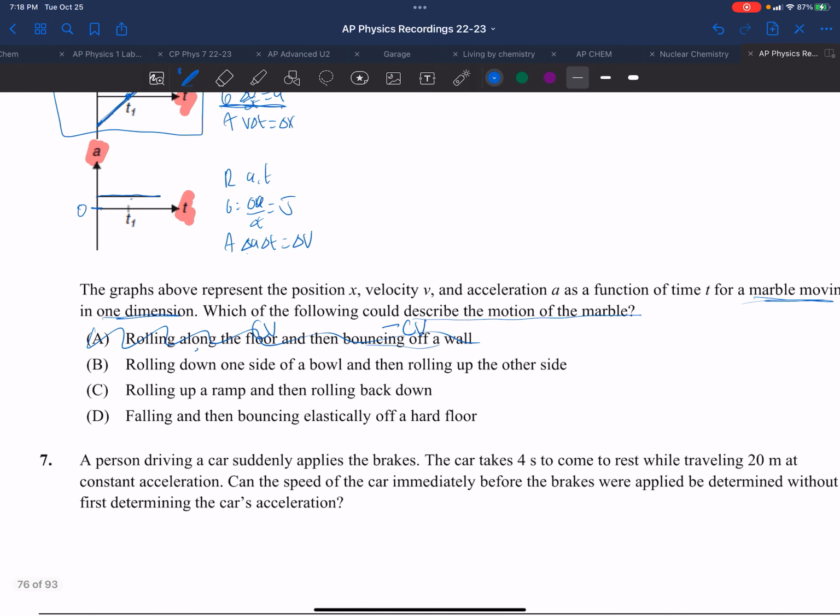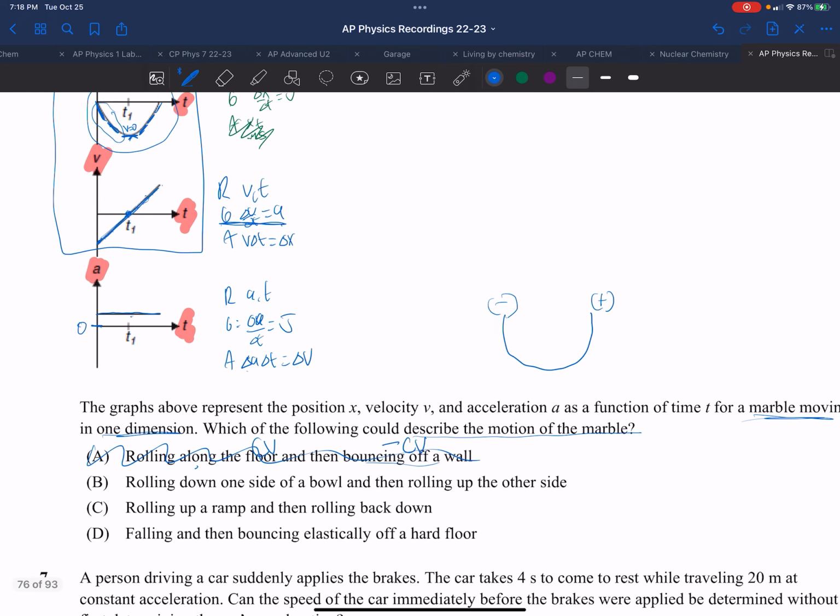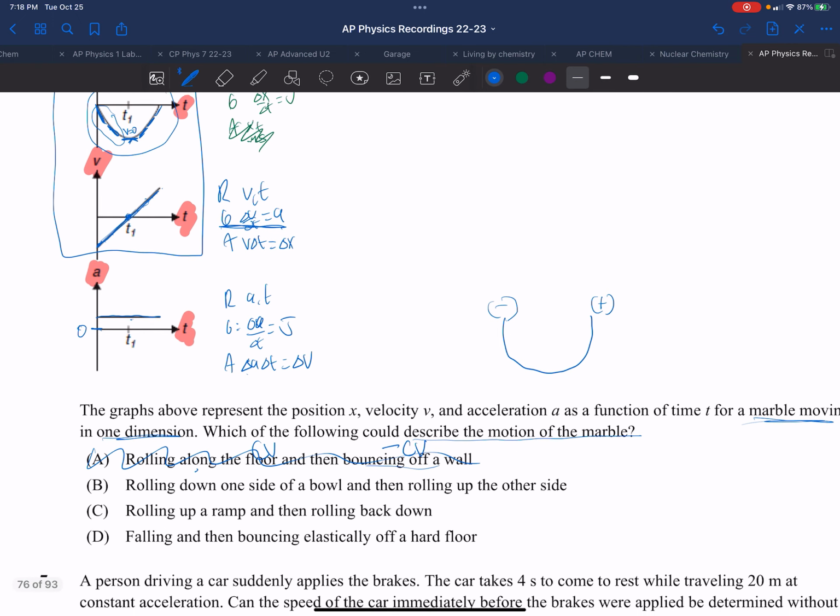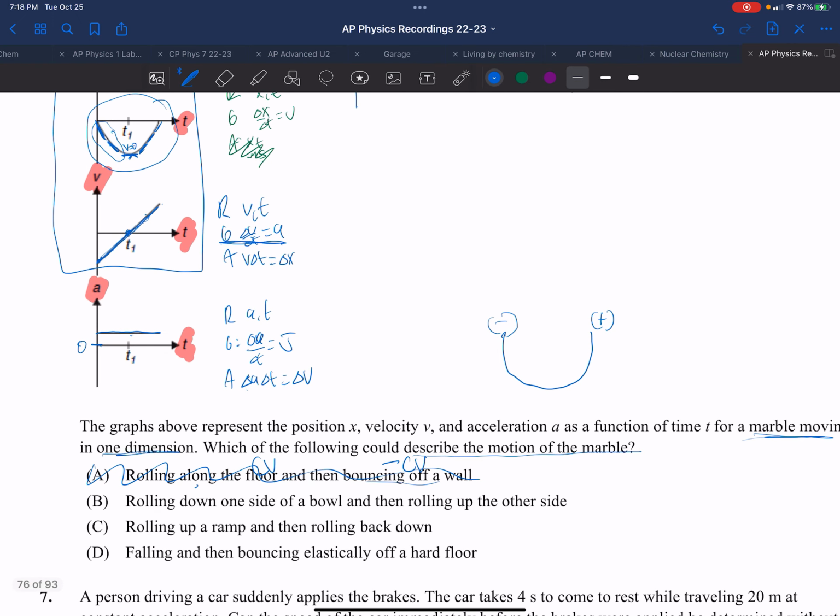Rolling down one side of a bowl and then rolling up the other side. So if we had a bowl, let's say this is the positive direction and this is the negative direction. So we start out at a position of 0. Let's say that's 0, and the negative direction is in that direction.